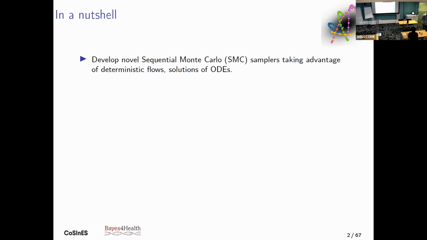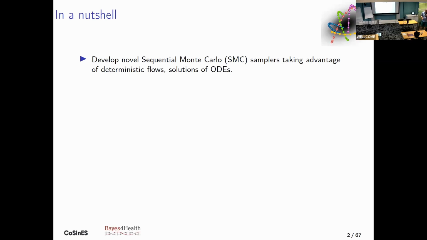So what are the key messages, if you fall asleep at some point? This is what you should remember: we developed some novel sequential Monte Carlo methods. I'll try to explain what they are, but they are Monte Carlo methods that work in a very specific way.